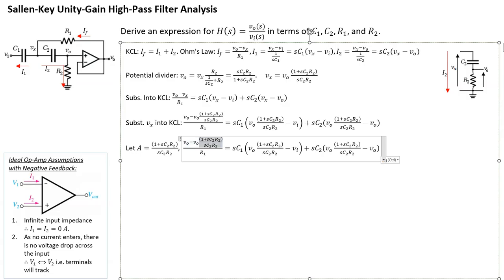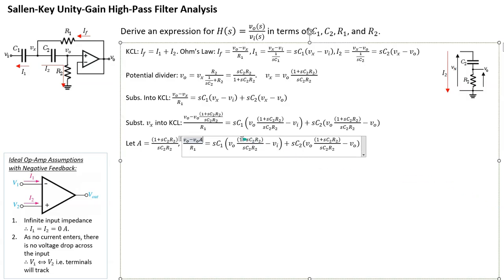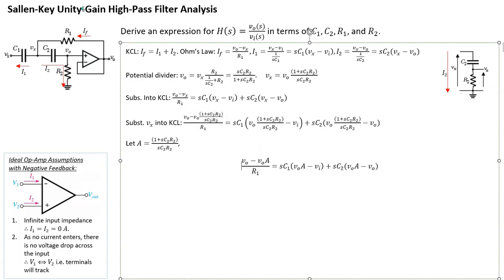So this is now A, this is also A, this is also A. Here I can clearly see it's going to be VO and then 1 minus A, and over here it's going to be VO and then A minus 1. So it'll be useful to quickly figure out what 1 minus A is, and therefore what A minus 1 is.